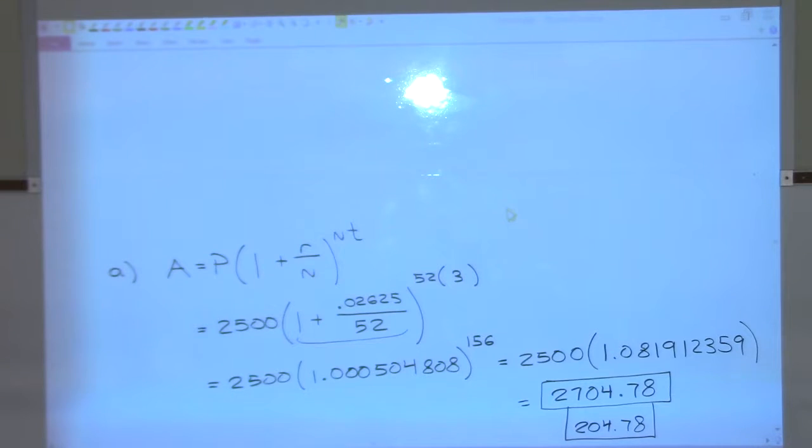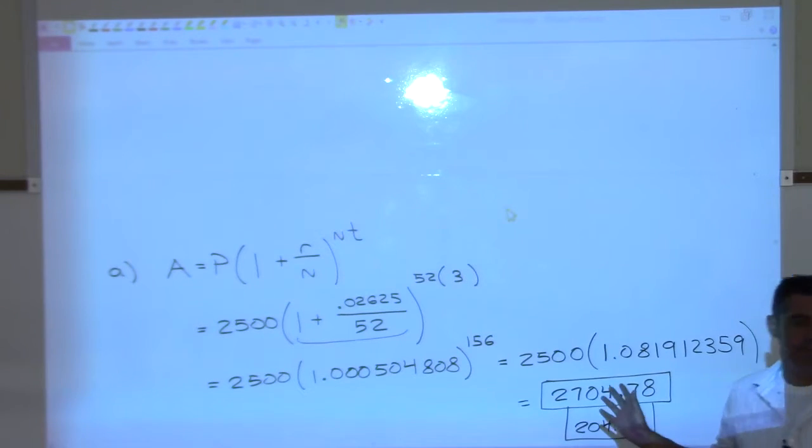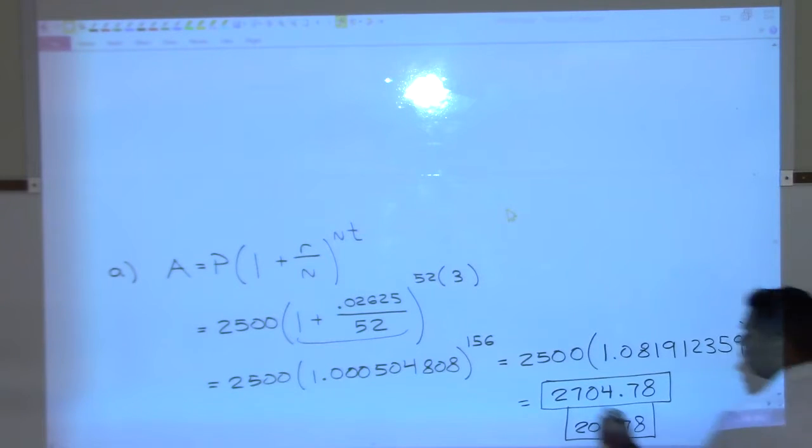I just keep getting the same number. So you get that interest. 1.000504808 raised to the 156. Oh, you know what? Yeah, I am getting it. I was looking at 27, my bad. No, it's all right. Okay, is this good? Yes, these are dollars.